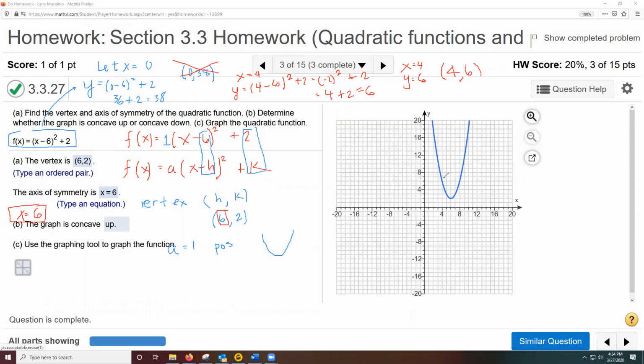So we plotted this point here as 4, 6. And of course, we plotted the vertex here as 6, 2. And by putting those 2 points on the graph, MyMathLab was able to draw the parabola connecting those 2 points. All right, hope this is helpful as you're working in Section 3.3.